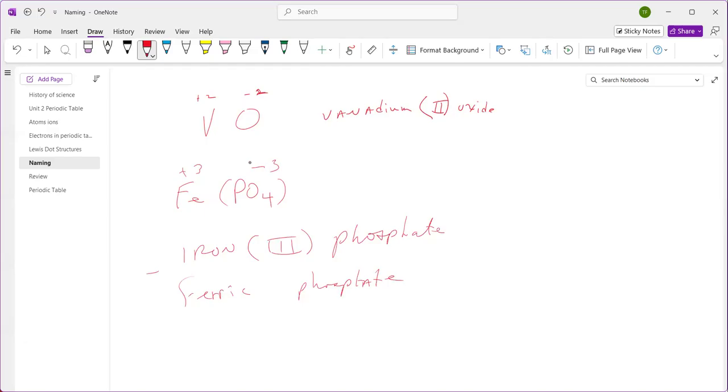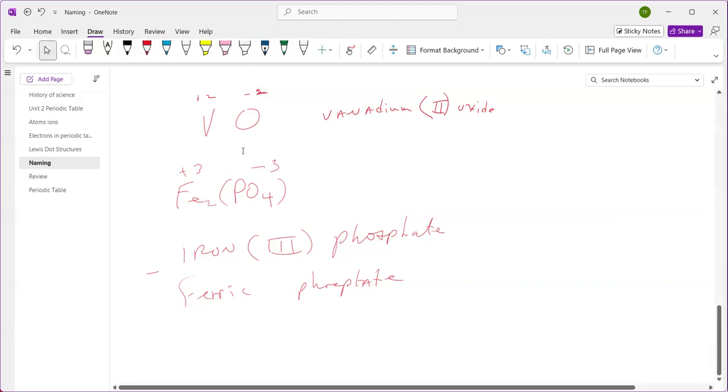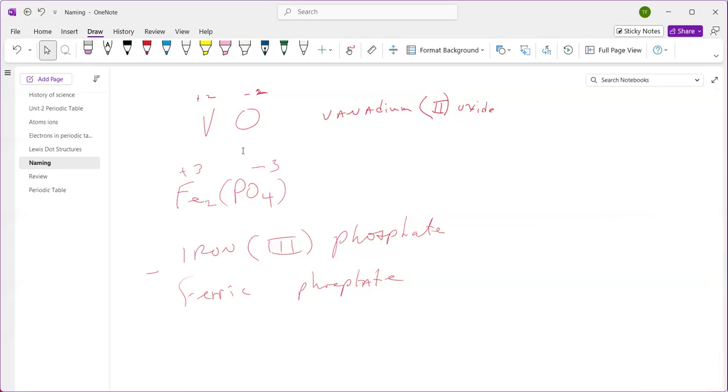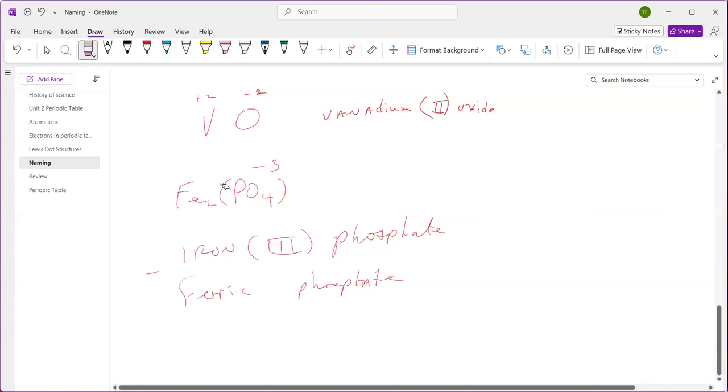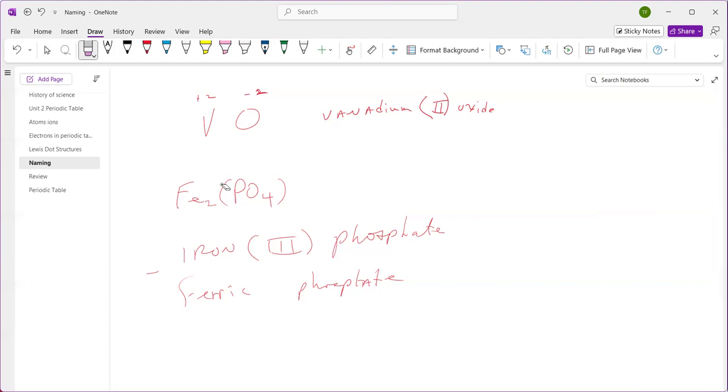What if we had that, and we don't know this guy? Add another phosphate. The problem is phosphate is -3, and you have 2 irons to balance it off.